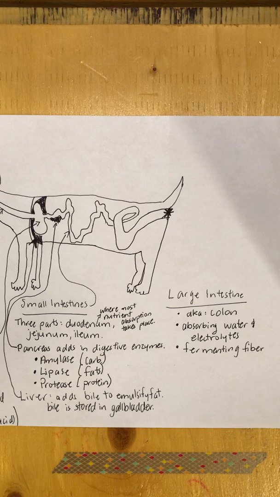Some fiber is digestible, but most of the fiber we're talking about here isn't really digestible. It's adding bulk. But the fiber that is fermentable is fermented in the large intestines by the probiotic bacteria in there. Those are the good bacteria, or the microbiome, in the large intestine. So those guys ferment the fiber.